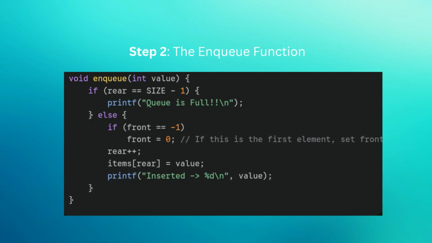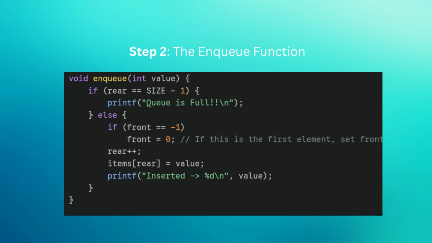Else, if the queue is not full, we'll be executing another if statement. If front is equal to -1, then we will be assigning front with 0, the index 0. So meaning, our front is at 0 because our queue is not full.